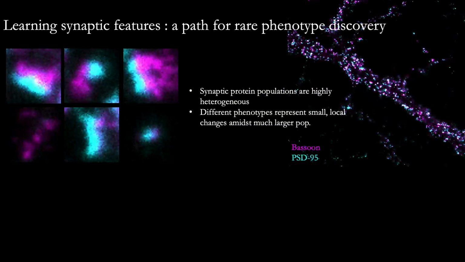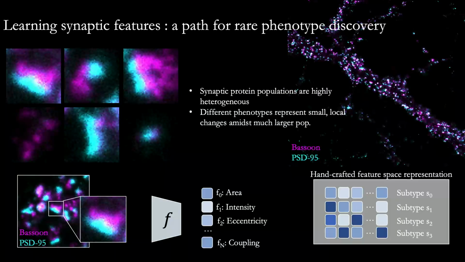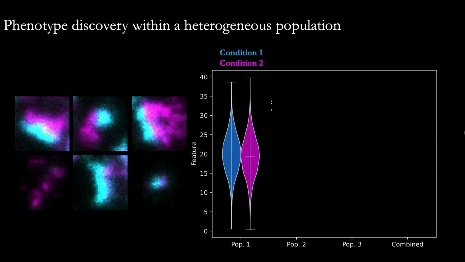So we go back to our synaptic population, and we want to move away from those handcrafted features because we don't want to induce any bias in our detection. We think again about our heterogeneous synaptic population, where we could have the emergence of a new synaptic subtype, for example, during the process of neurodegenerative diseases.